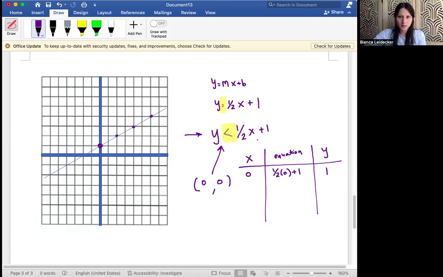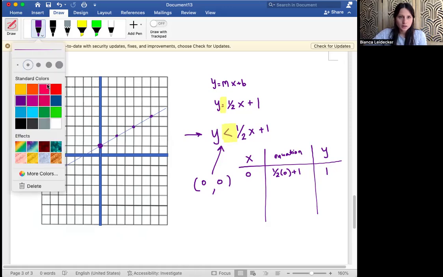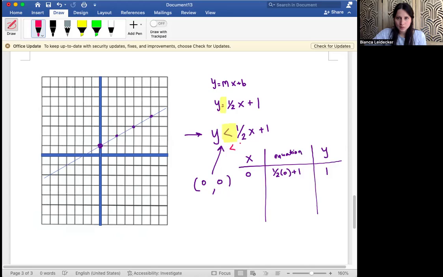If I were to work this out, this would be 1 is greater than 0. Sorry, I'm inputting 0, 0. This would equal 1, right? So this does ring true, meaning if I have a point here, it does ring true for this inequality.